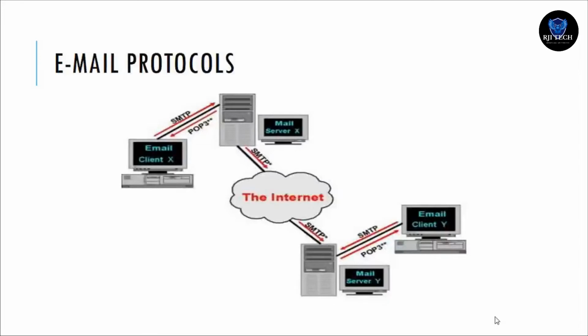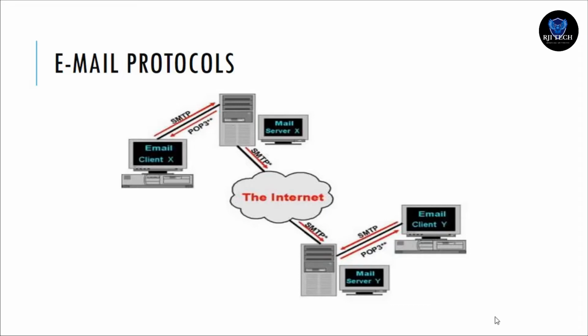The email protocols. We can see in the diagram that the email client is contacting the email server through two protocols. One of them is for sending, which is the SMTP, and the other is for receiving emails or downloading email messages from the email server to the email client, which is the POP3. The communication between mail server X and mail server Y is done via the SMTP protocol, Simple Mail Transfer Protocol.